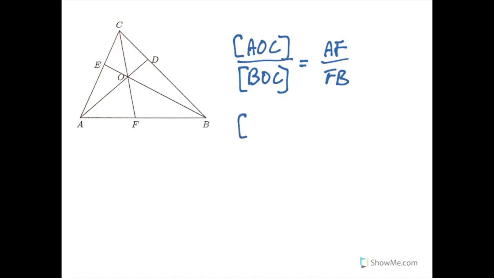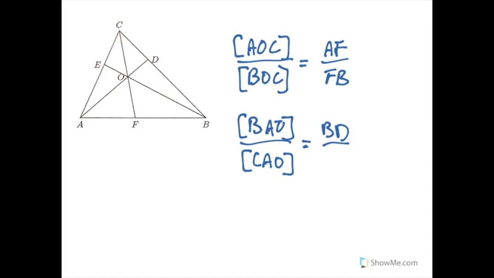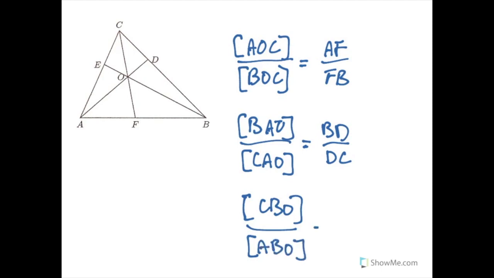So, for example, we can write the area of BAO over CAO is equal to BD over DC. And lastly, we can write that the area of CBO over the area of ABO is equal to CE over EA.